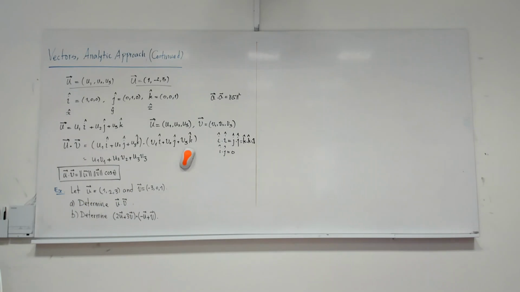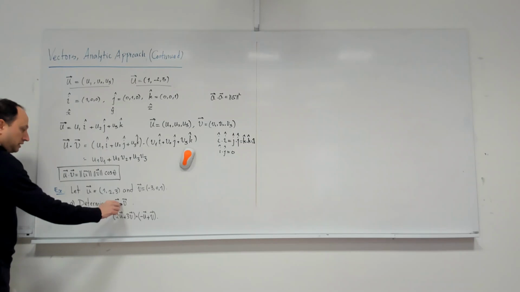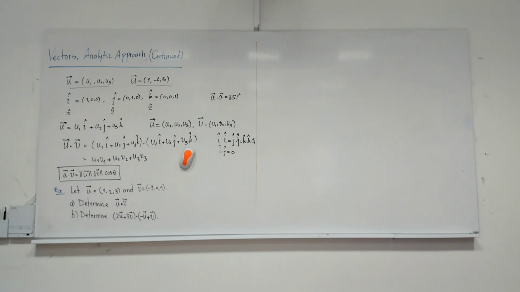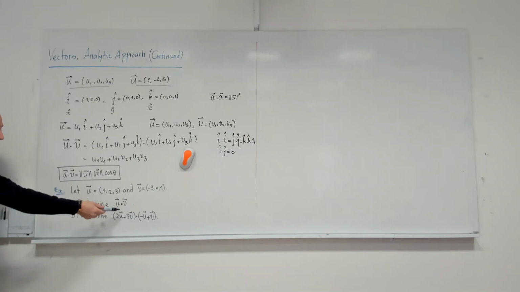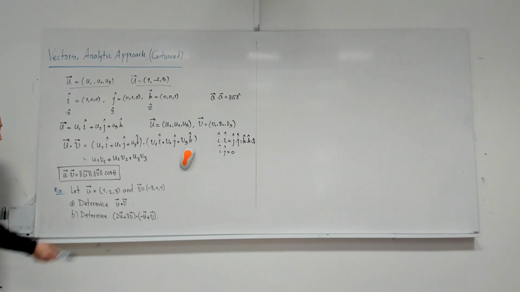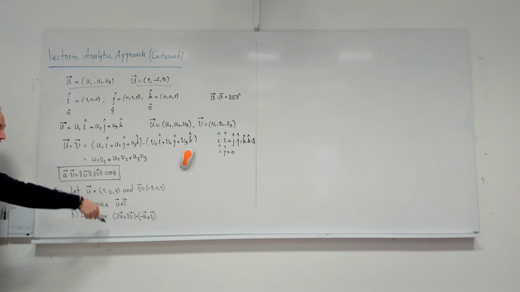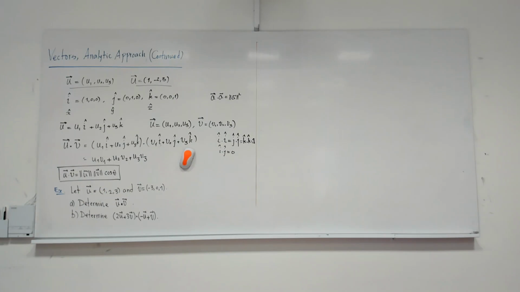Yes. Okay, so let me make the dot very clear here. So we want to determine these two. Of course we know that the output of these calculations in both cases will be a number, yes, because that is the dot product, and the answer to a dot product is a number.